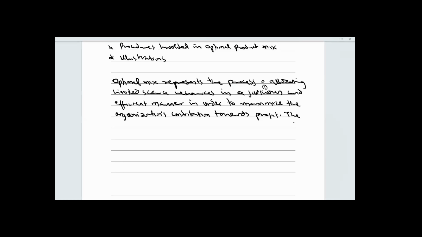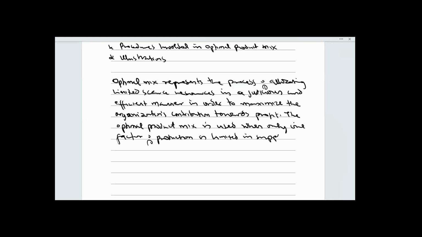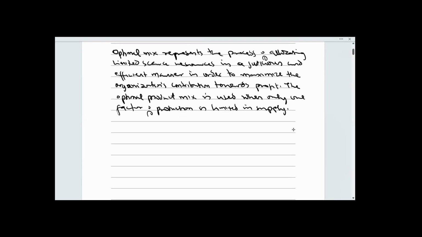The optimal product mix is used when only one factor of production is limited in supply. So that's the introduction to optimal product mix.